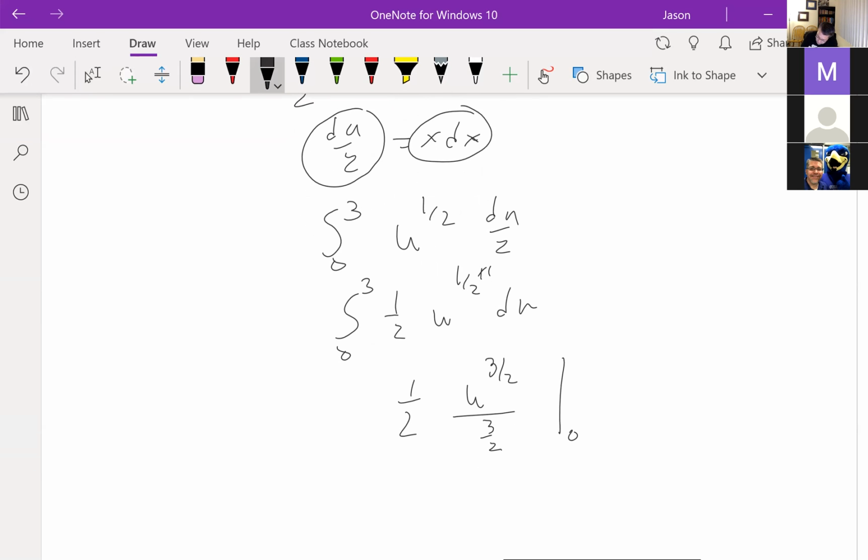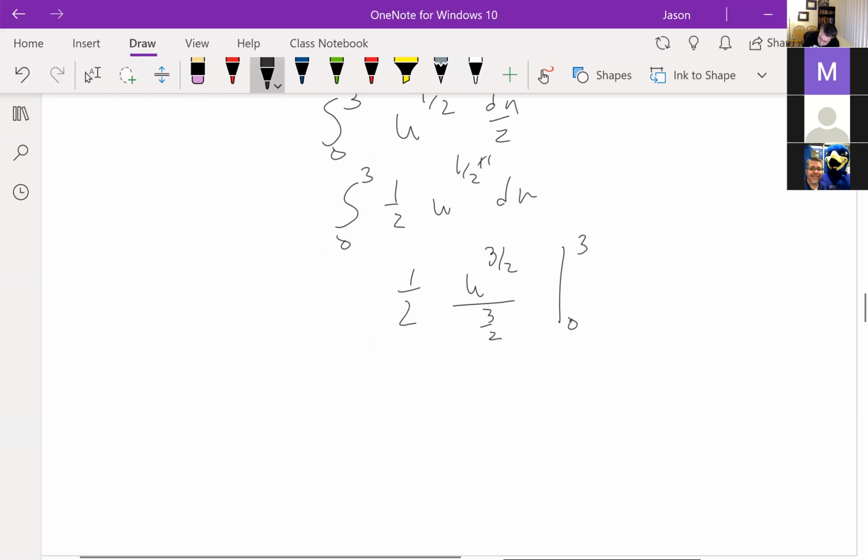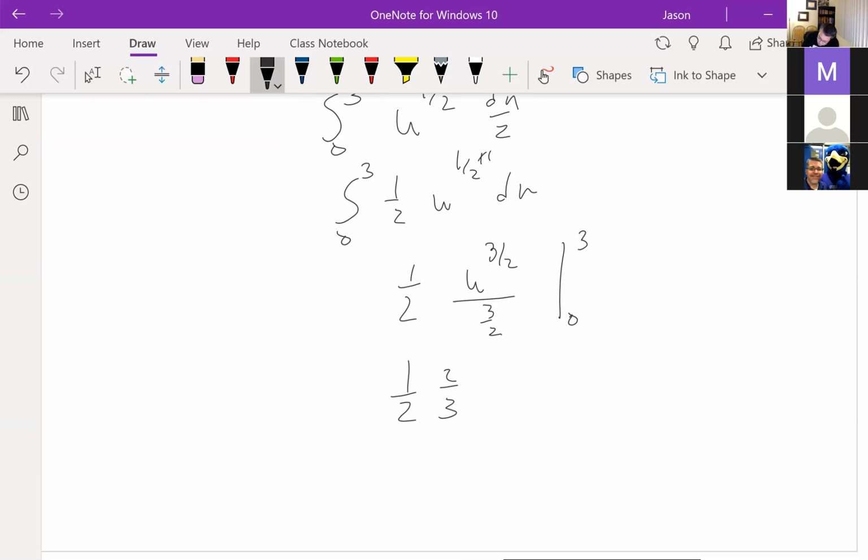So let's clean this up: 2/3 u to the 3/2, evaluated from 0 to 3. I get 1/3 u to the 3/2.